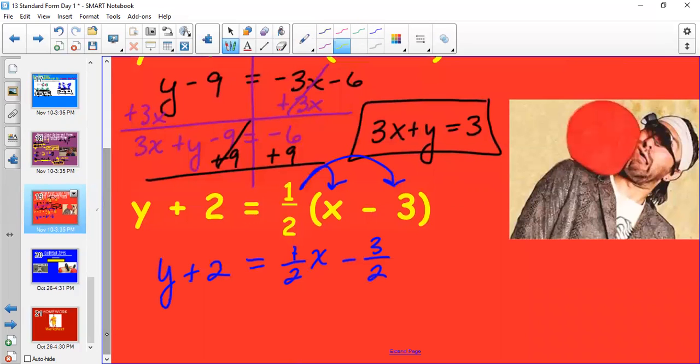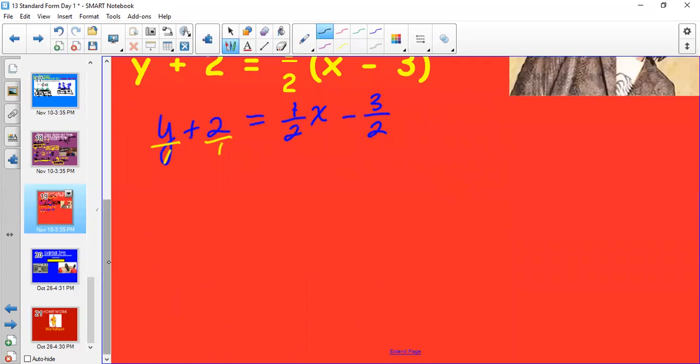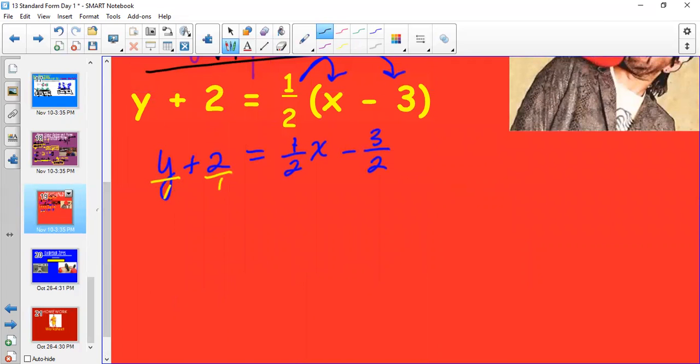All right, I see fractions. I can move things around, but I want to really get rid of those fractions first, so I don't have to deal with fractions. So get common denominators. In this case, it's going to be 2. Okay, so I'm going to multiply that first one by 2 to get 2y over 2.